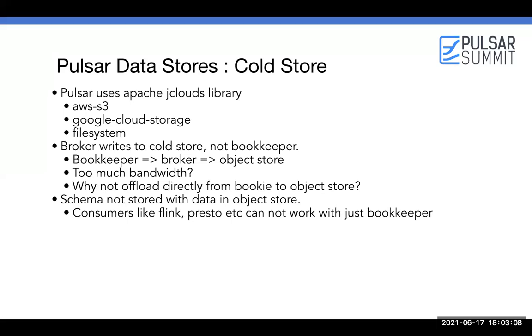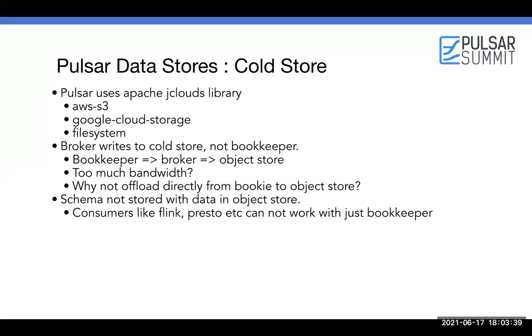Another interesting thing to note here is that although your data initially stays on Bookkeeper, when you offload your data from Pulsar to object store, it's not directly shipped from the Bookkeeper to your object store, and rather it streams from Bookkeeper to your broker to your object store. This is an interesting choice of implementation.